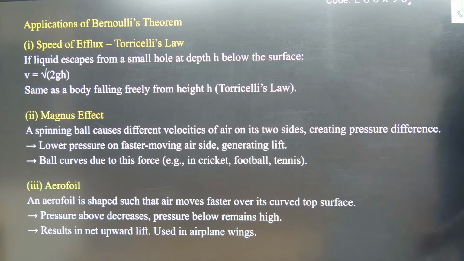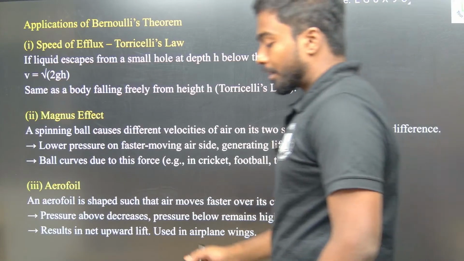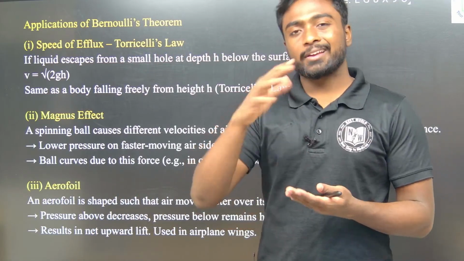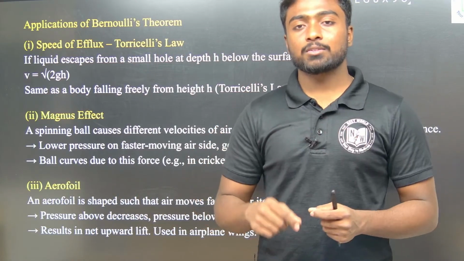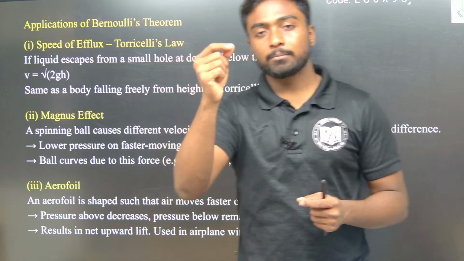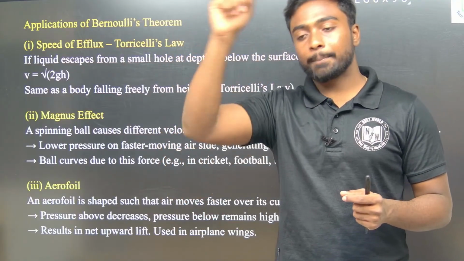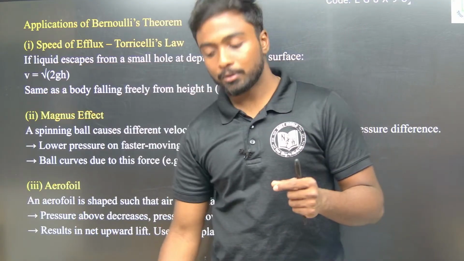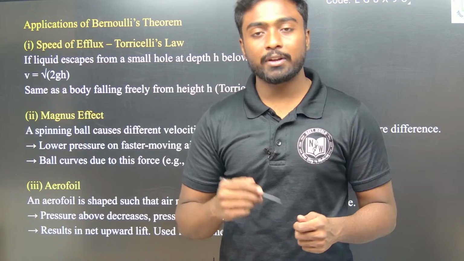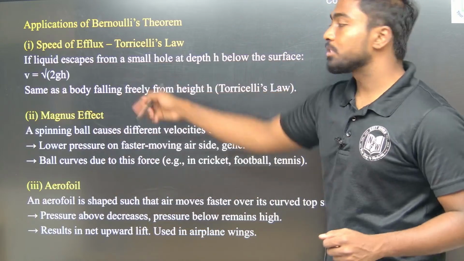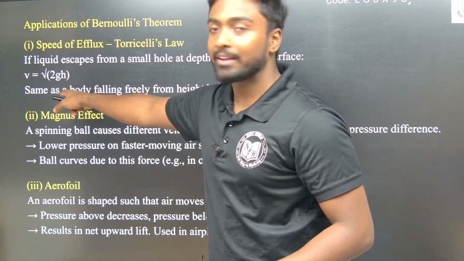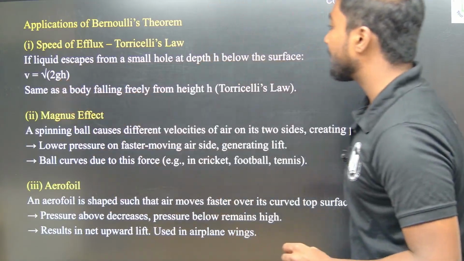Speed of efflux in the sense that when I consider a box or a drum, and I make a hole on the drum, the velocity of the fluid falling from the top of the drum to the ground level, if I need to find it, is under root of 2gh. Initial velocity will be 0. At final, what will be the velocity they are asking? So under root of 2gh will be the answer.